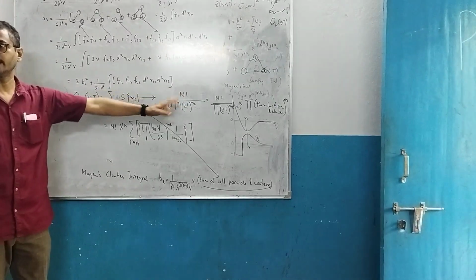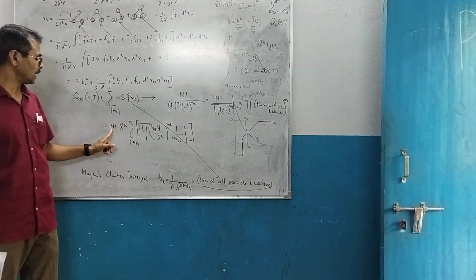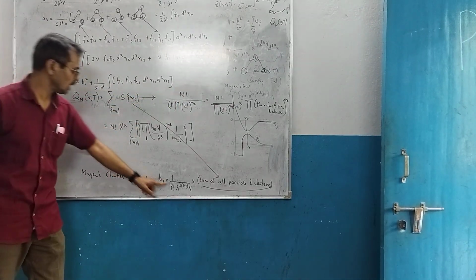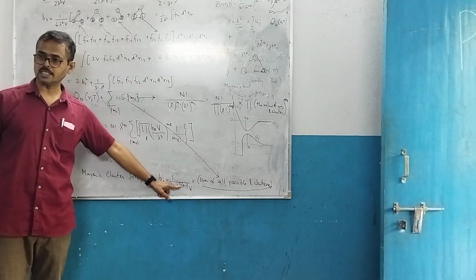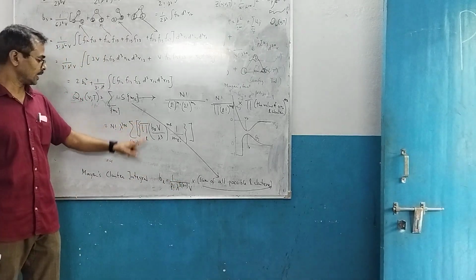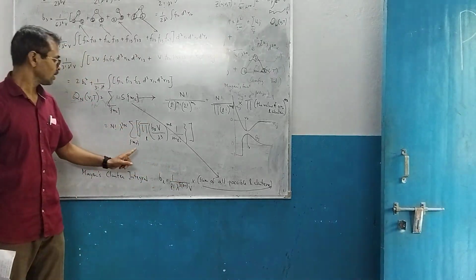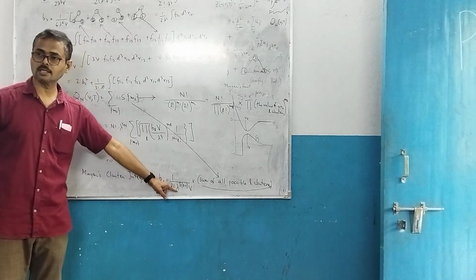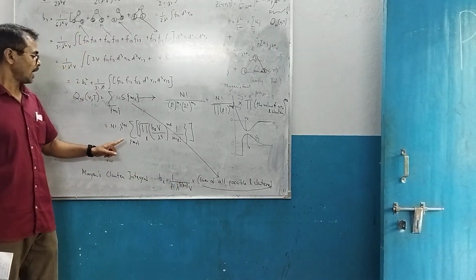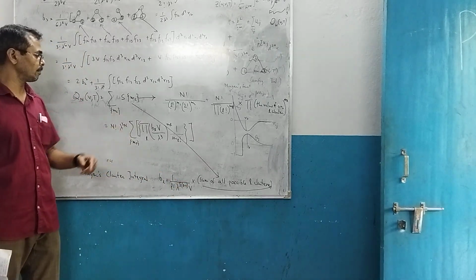Because we are dealing with n number of particles, that is becoming n factorial lambda to the power thrice n, and then into V by lambda cube, whole to the power ml.